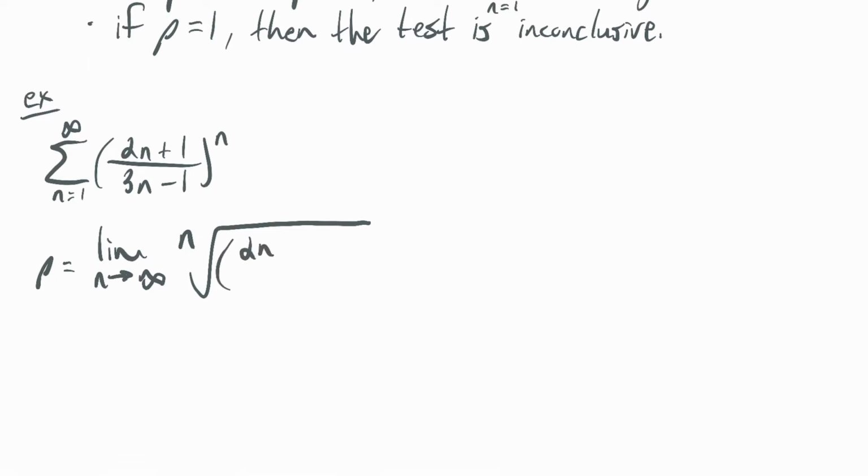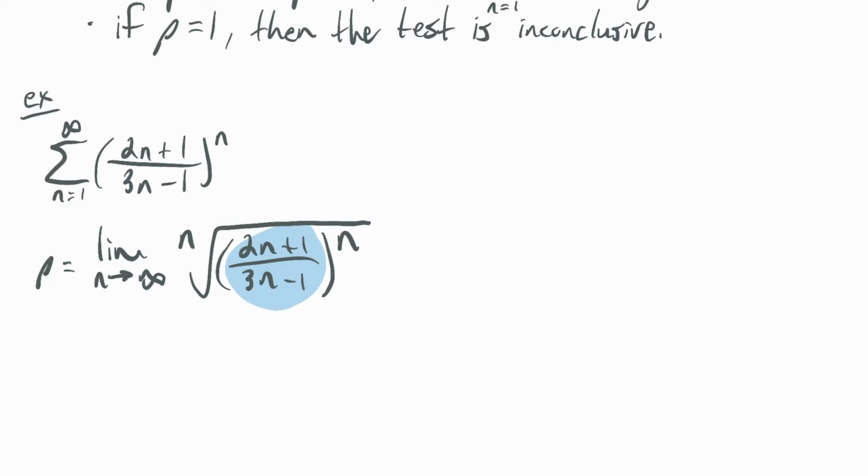The nth root of (2n plus 1) over (3n minus 1) to the nth power. Since in this case we didn't need the absolute value bars because everything's positive anyway, but if we did, we'd have absolute value bars. So the n's just cancel, because everything inside the radicand is positive.